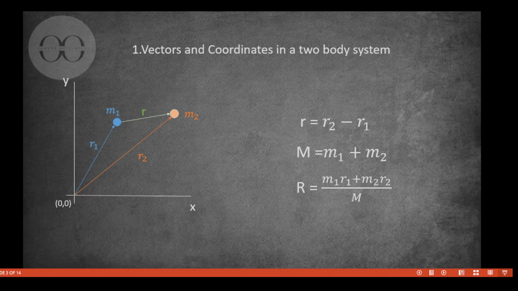Capital R is the position vector of the center of mass of the system, and it is m1 r1 plus m2 r2 divided by capital M. So these were some basic calculations from the coordinate system and the vectorial representation of our two-body problem.